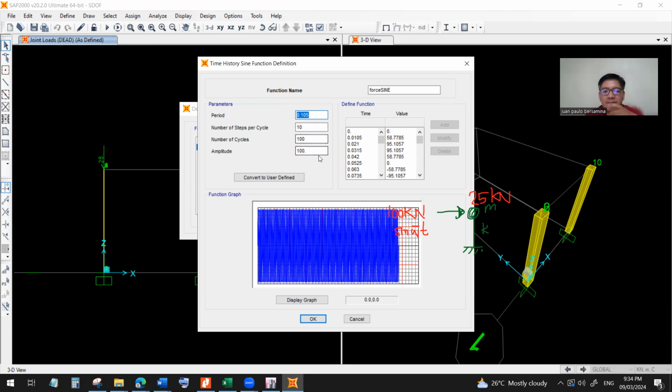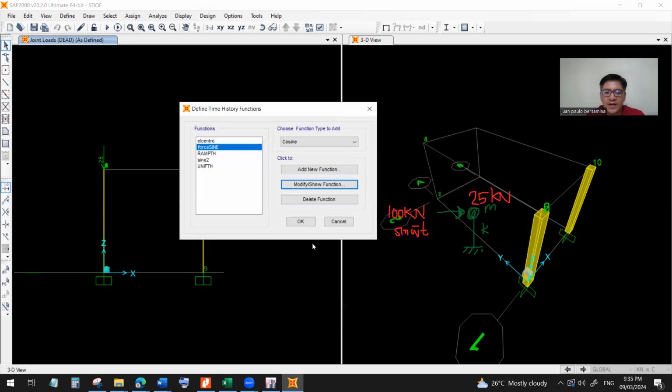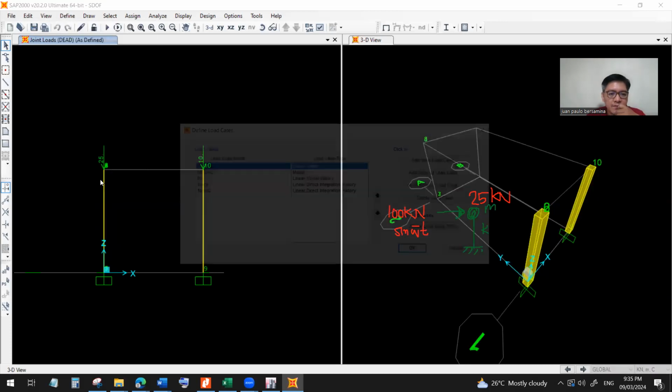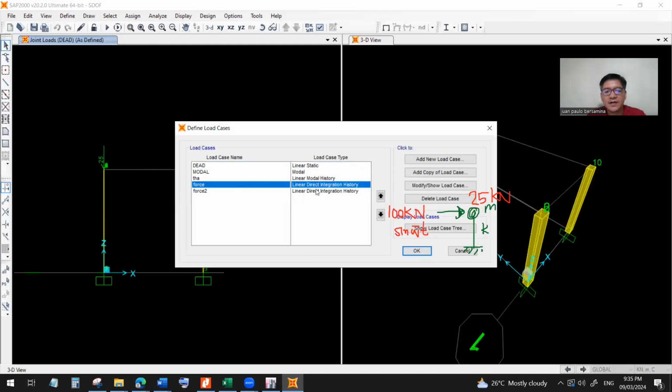And then, amplitude, 100 kilonewton. Okay, so ito yung mga graph. Kasi ginawa ko siyang how many seconds? 10 seconds, no? Dinamihan ko. So, force sine, yan yung harmonic force. Para ma-define ko siya, ito siya. Basically, it's a time history analysis. Modify, show.